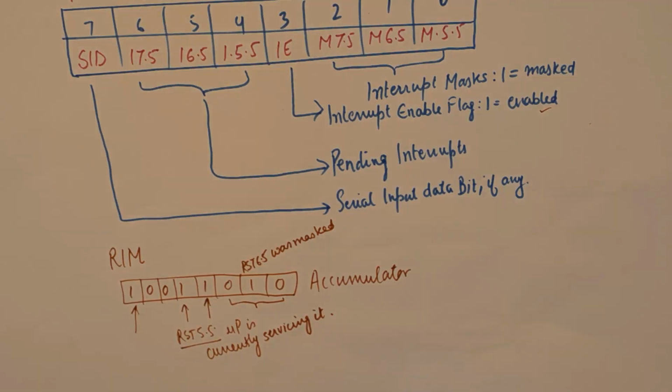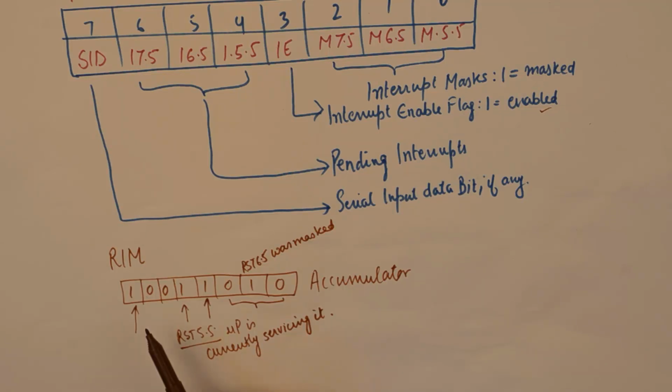And finally this bit shows us the value which has arrived on the serial input data pin, which is, I guess, pin number 4 of the IC. So this bit has arrived on the serial input data pin of the microprocessor, it must have been interfaced with some peripheral device.